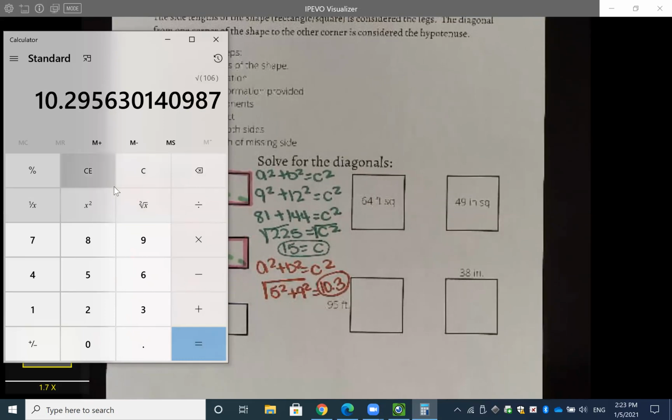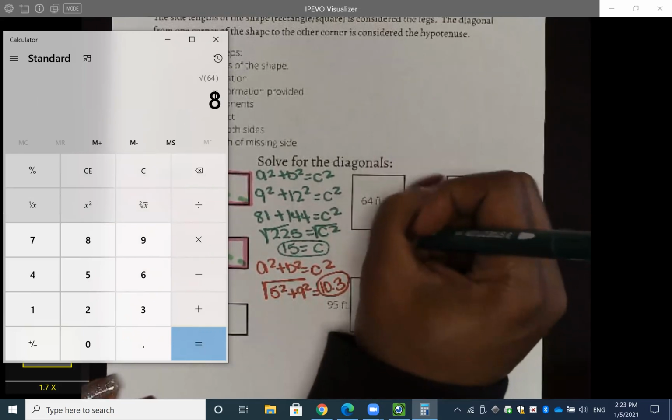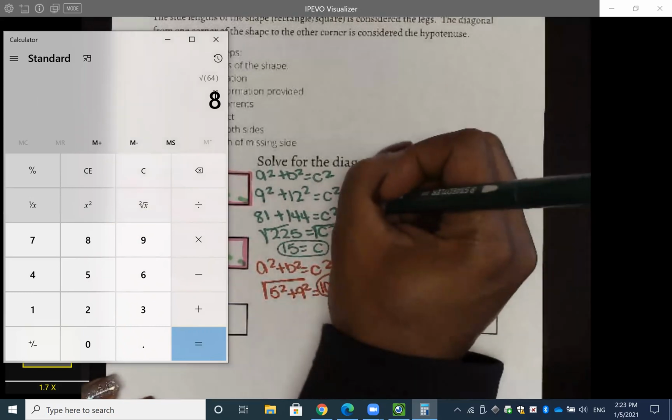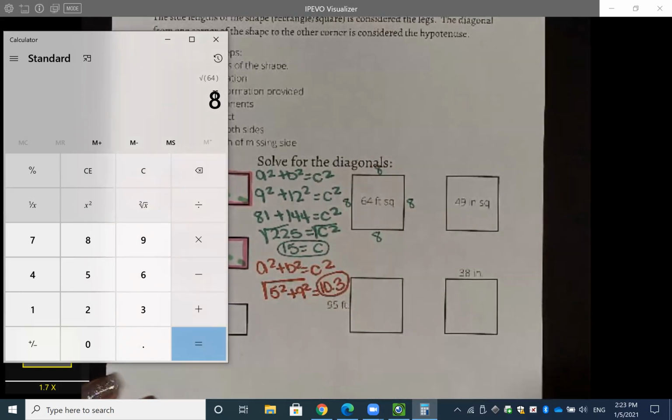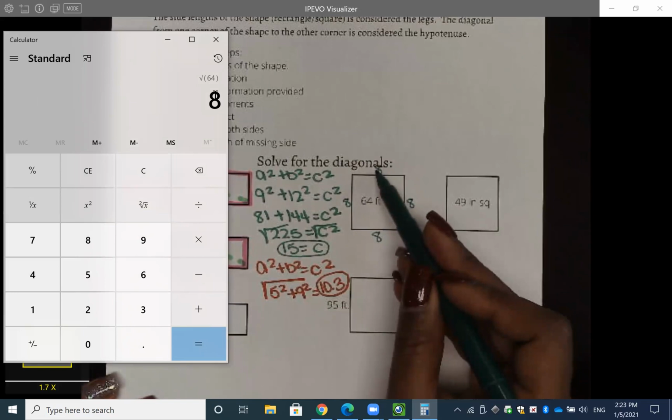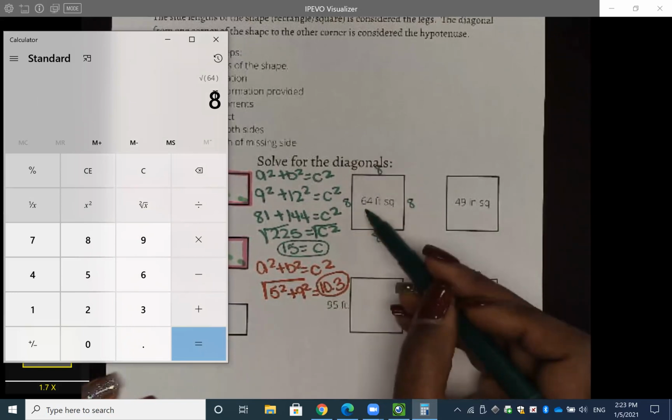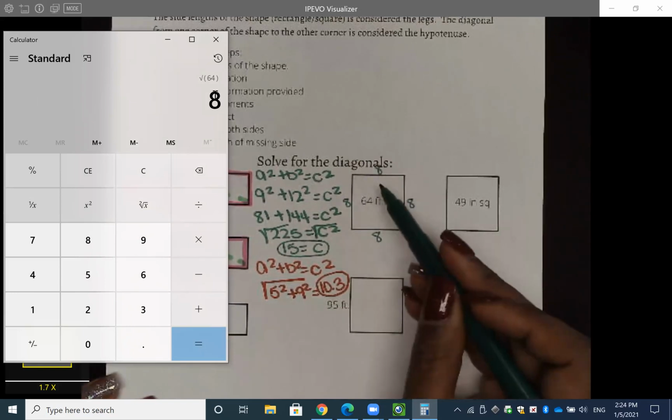So when you take the square root of 64, you get 8. So what this means is each one of these sides is 8. Because remember, to find the area, you do side times side. 8 times 8 is 64. So that's how we got that.